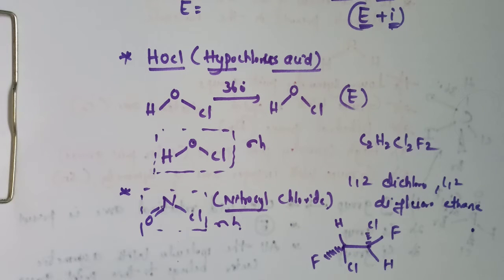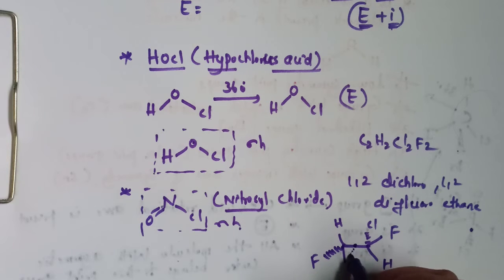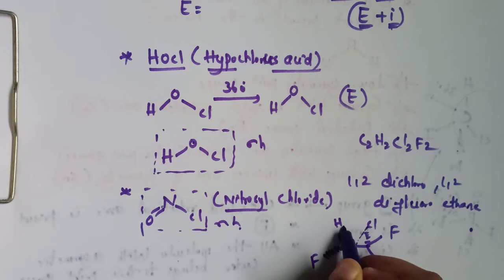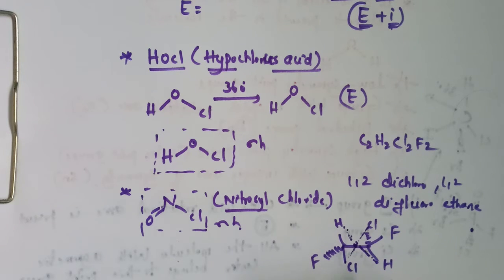Now see here, this has identity, we already know that. Now what we should know is that inversion is also present. What is inversion? If you pass a straight line from one of the atoms and drag that straight line opposite to another atom, we should meet its twin. See, here is the center of this. So if you drag a line like this and opposite to this, we will find its twin, it is Cl. And if you drag a line like this, we will meet H, and in the opposite direction we will meet H only, its twin.